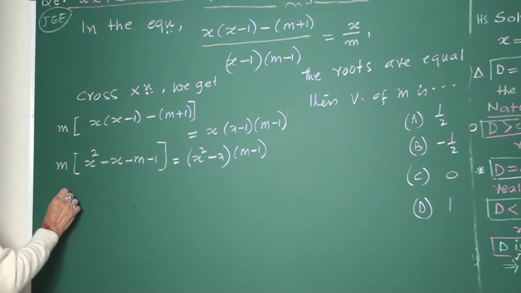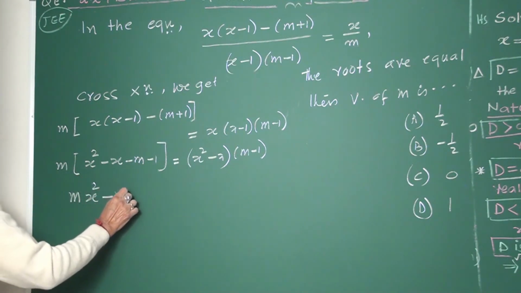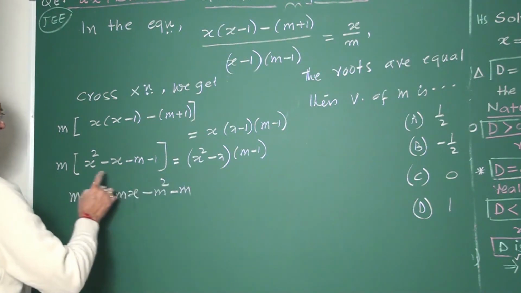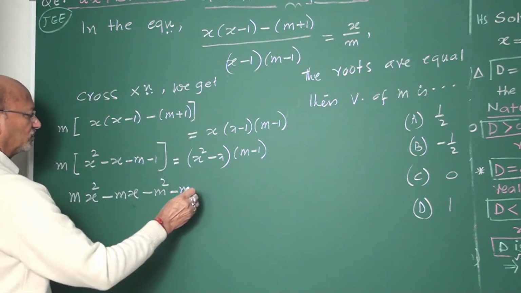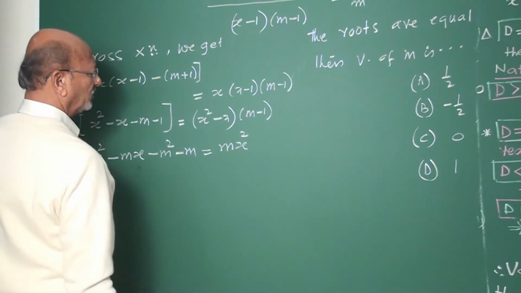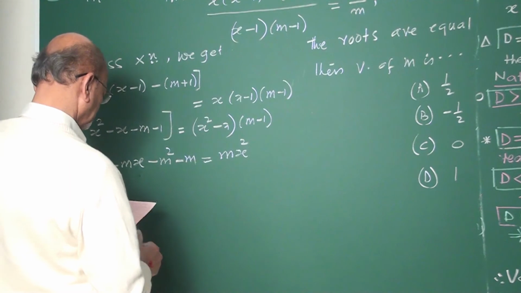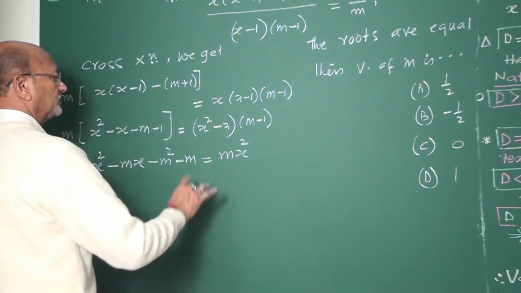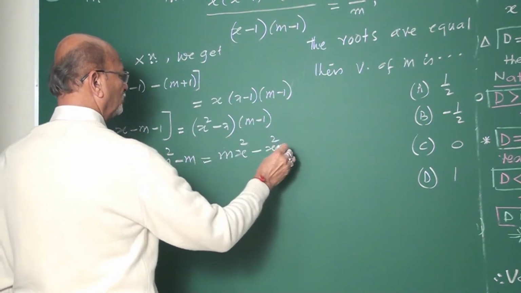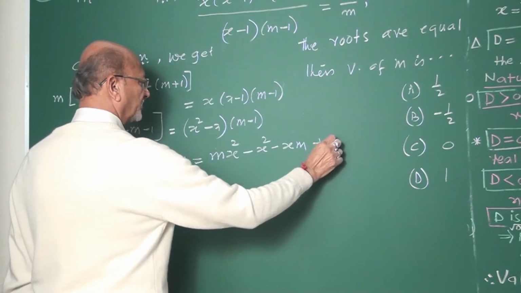Further simplifying, m into x square minus mx minus m square minus m equal to m into x square minus x square minus m into x, minus x with minus 1 is plus x.